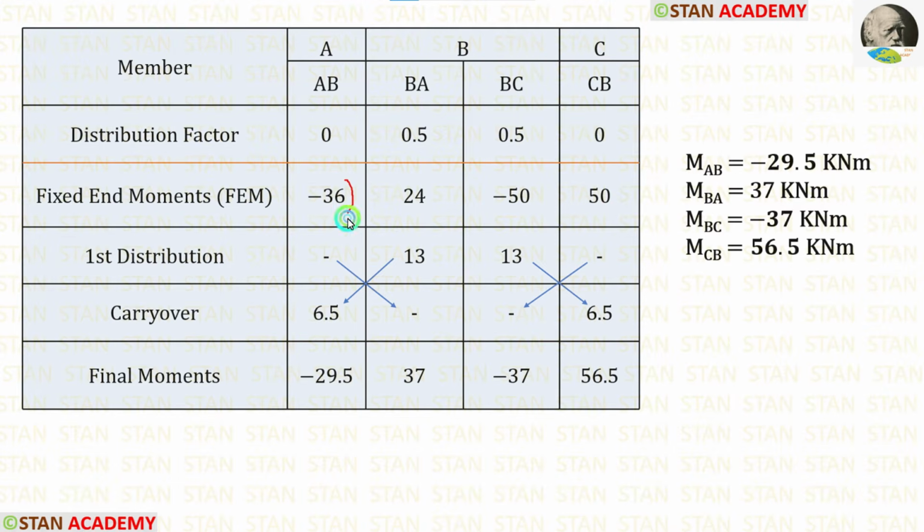When we add minus 36 and 6.5, we are getting minus 29.5. When we add 24 and 13, we are getting 37. When we add minus 50 and 13, we are getting minus 37. When we add 50 and 6.5, we are getting 56.5. So in this analysis, we have calculated all of the moments.